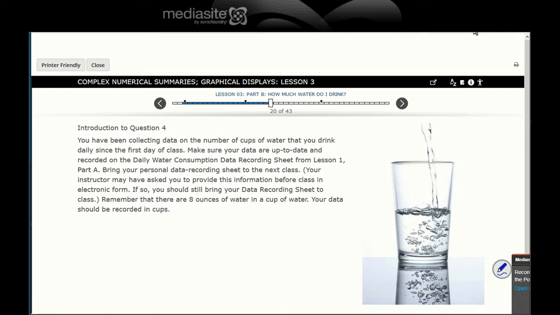Okay, now you have been collecting data on the number of cups of water that you drank daily since the first day of class. That'll be part of one of the earlier lessons. Make sure your data are up to date and recorded on the daily water consumption data recording sheet from lesson 1, part A. Bring your personal data recording sheet to the next class.